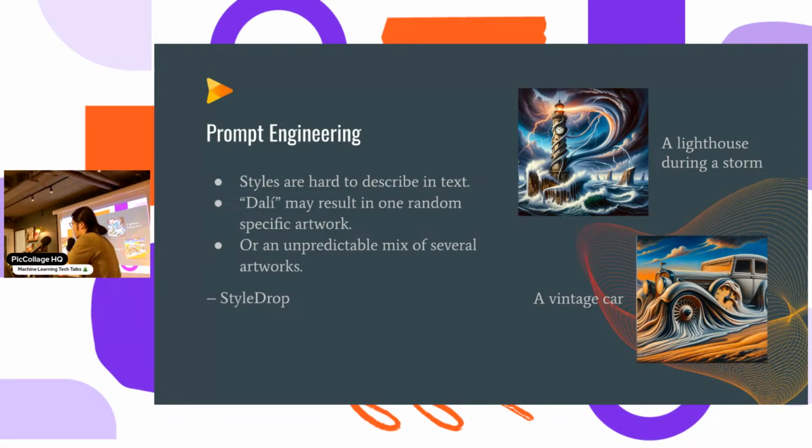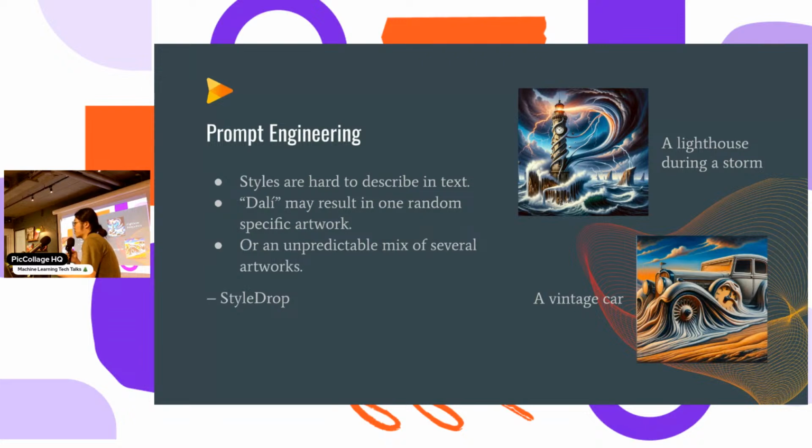So if we feed the prompt of Dalí as a condition into a model, then the model will better capture the style feature of what we want since it learned it, but there is still a problem. The first case is it will select one of the artworks as a reference.